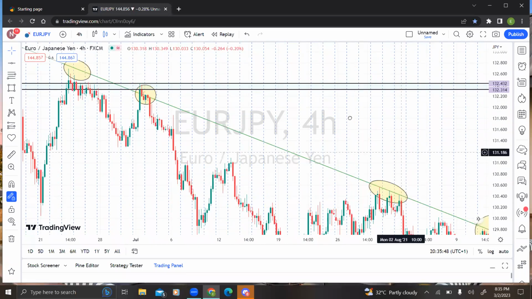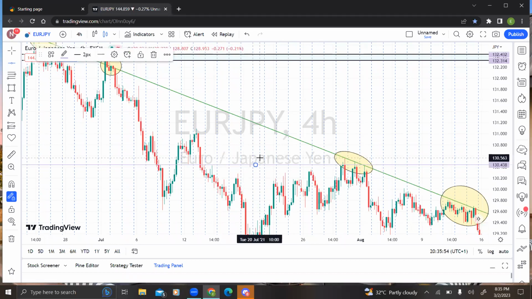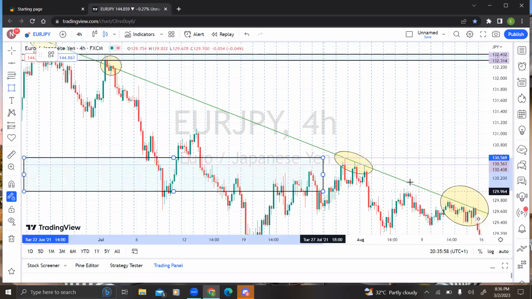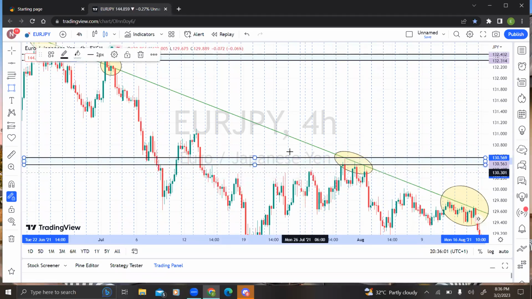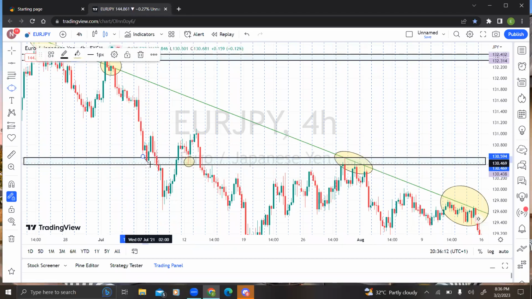It's going to reverse. Look at this. Look how lovely this is. Pick this up here. Pick this up here. Draw a box. So notice how what was a resistance here was a support here. Notice how this was a support here. Notice how it was a support here.